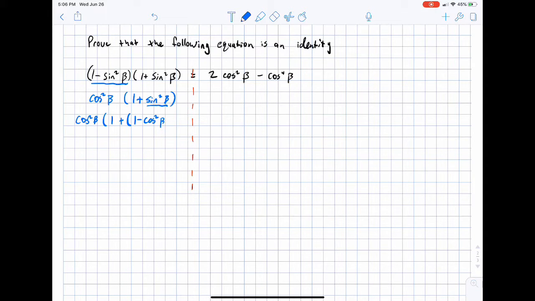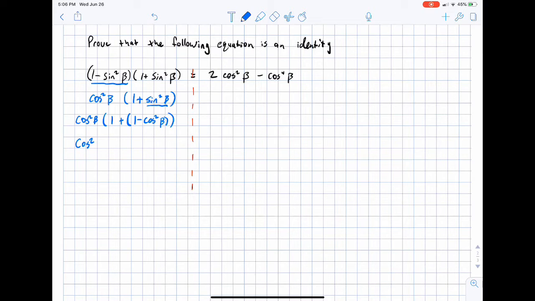All right, so now what I've successfully done is changed all the sines on the left-hand side into cosines. Now let's do some simplification and see what we end up with. So inside the parentheses, I can add that 1 plus 1.